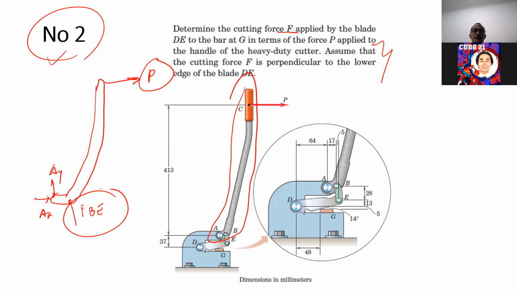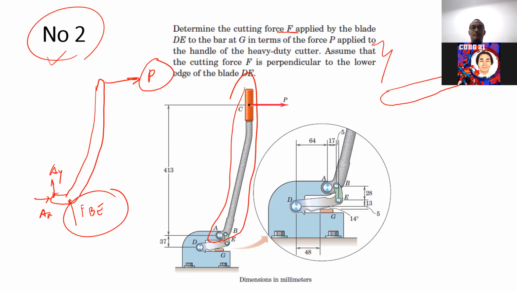After you get FBE, then you have to solve for the blade DE. The blade DE is known to be a two force member. I can draw it here. At E there is supposed to be a force from two force member BE, action and reaction with the previous one, and you already know the value from the previous one.